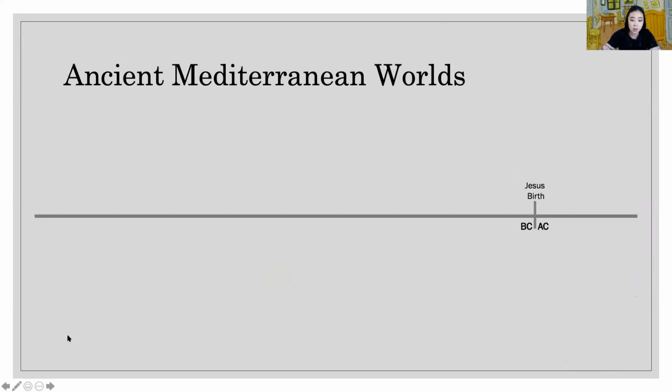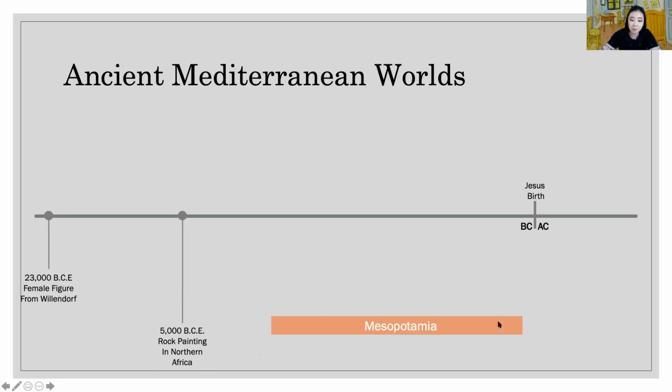The female figure we just saw is about 23,000 BCE, the rock painting in Northern Africa is about 5,000 BCE, and Mesopotamia arose about 2,000 years before the century.